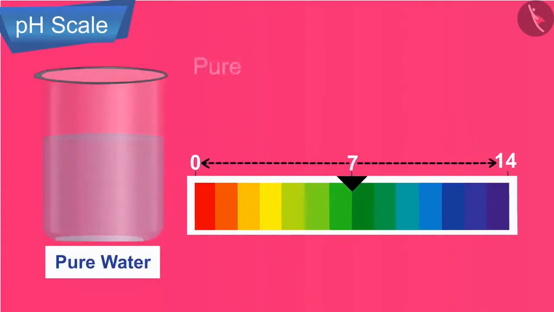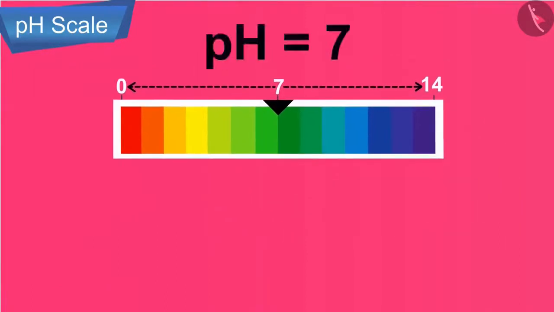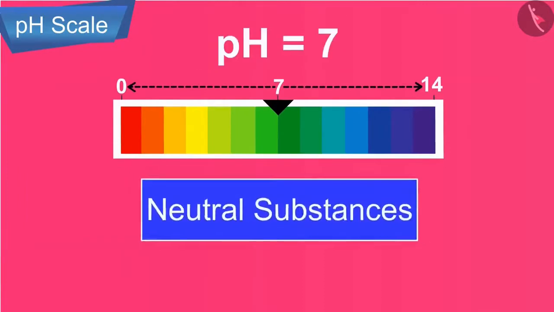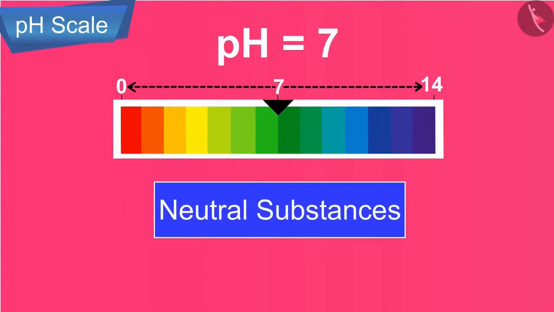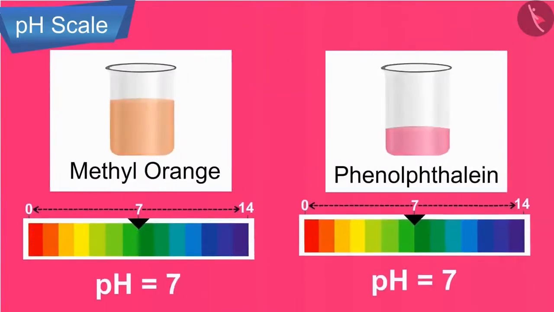For example, pure water is a neutral substance and therefore it has a pH value of 7. So, substances with a pH equal to 7, that is, neutral substances, will have no effect on indicators like methyl orange or phenolphthalein.